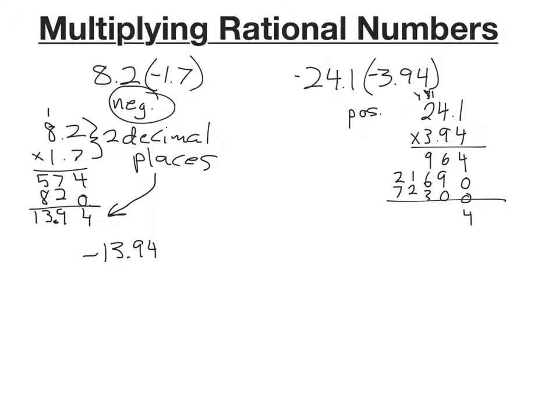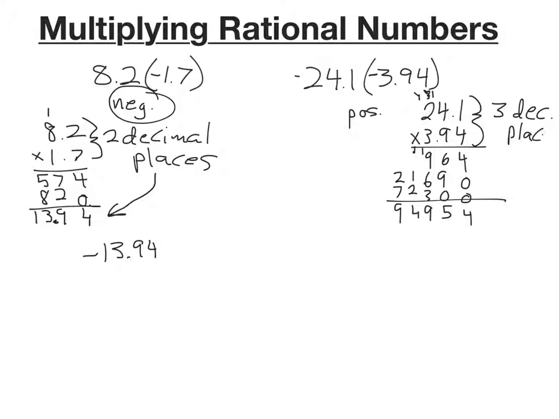I have 4. 9 plus 6 is 15. Carry the 1. That's 10, 16, 19. Carry the 1. I have 1 plus 1 is 2, plus 2 is 4. 2 plus 7 is 9. Now up here, I have 3 decimal places.